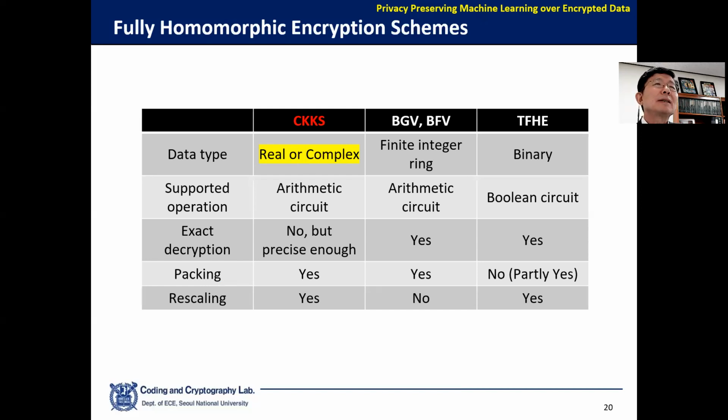There are several types of fully homomorphic encryption: CKKS, BGV, BFV, and TFHE. In this talk, we are focusing on the CKKS scheme because its data type is real and complex numbers. The supported operation is arithmetic circuits.